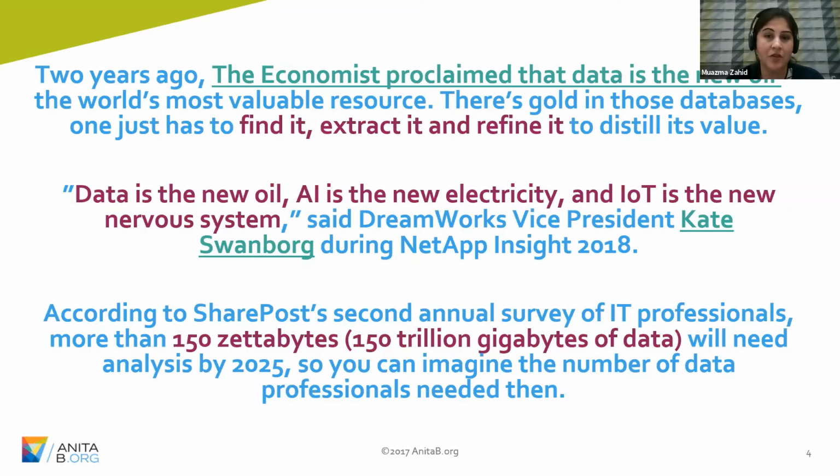I also like this quote a lot from Kate, who's the vice president of DreamWorks. She talks about data is the new oil, AI is the new electricity, and IoT is the new nervous system. And according to this survey, if you look at the numbers, by the year 2025, we will have 150 zettabytes of data. I would just let that sink in, because that's almost 3 to 4 times the data that we have today.